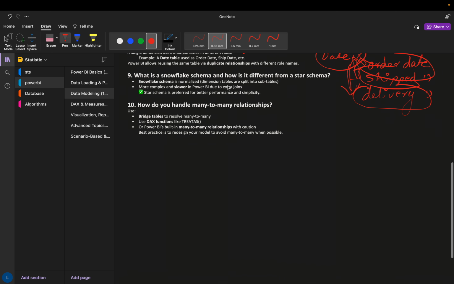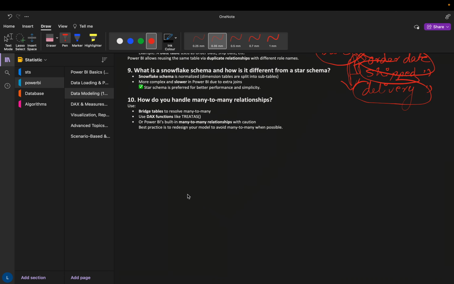Now what is a snowflake schema and how is it different from a star schema? The snowflake schema is normalized, whereas the star schema is denormalized.